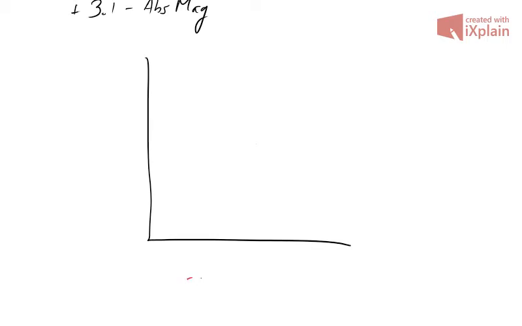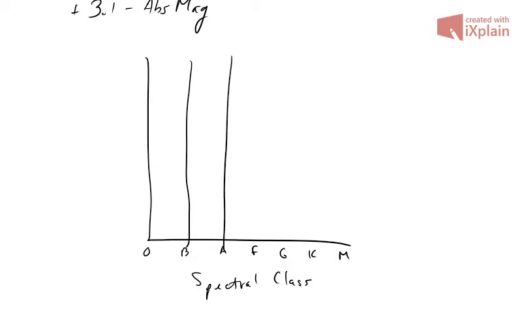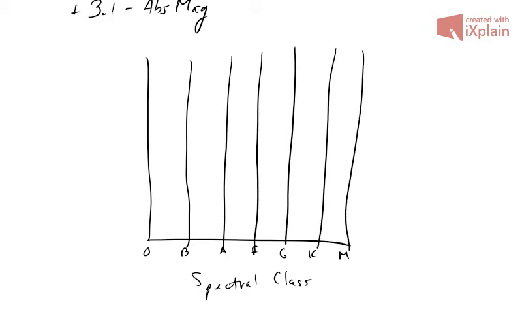This is your spectral class down here, and it has O, B, A, F, G, K, M across the bottom, and then it has the lines like this. And then it's got lighter lines in between.